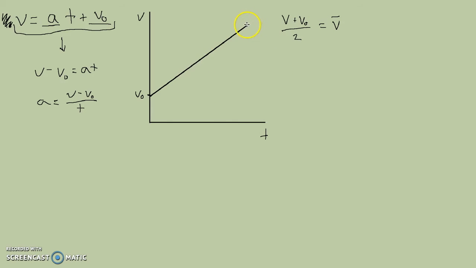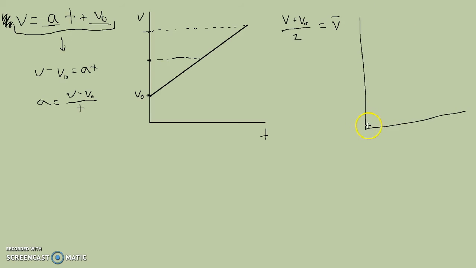Okay, and this again is only true when acceleration is constant. So in this circumstance, the average of this value and this value is going to be something right in the middle, which would be equivalent to the average velocity. And it might help you to see it on a position graph.